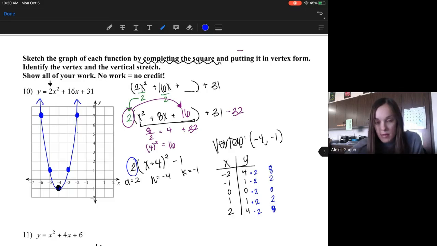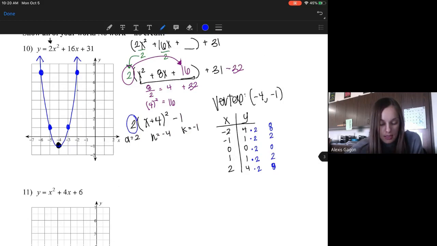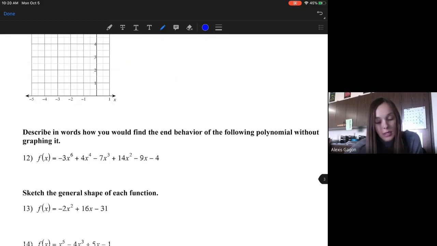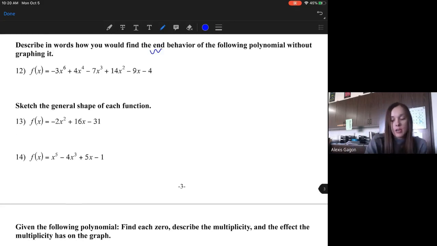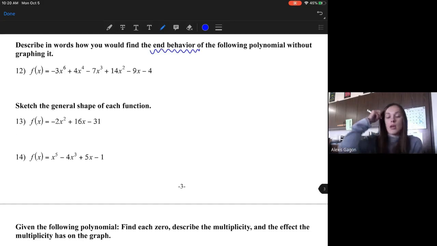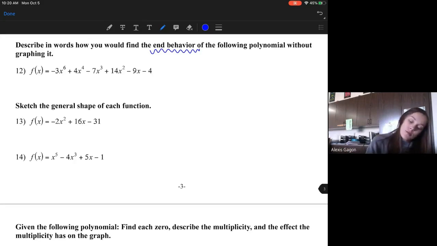Okay. Let's look at, so there's 2 of those ones. These ones, so describing end behavior. I would draw this chart that I'm about to draw. So for end behavior, we have our exponents and we have our leading coefficient.